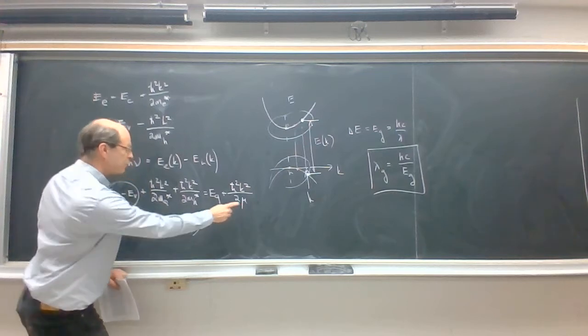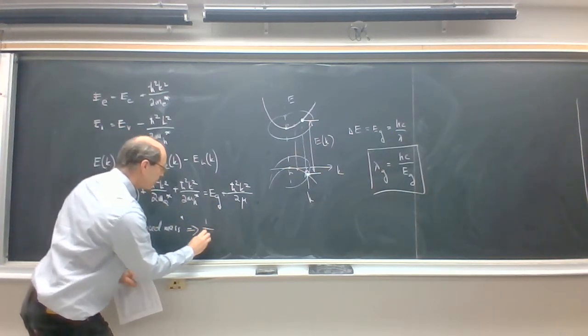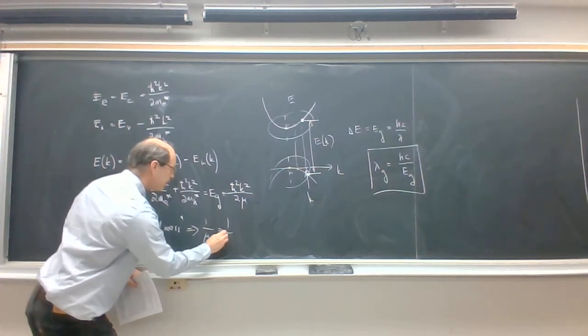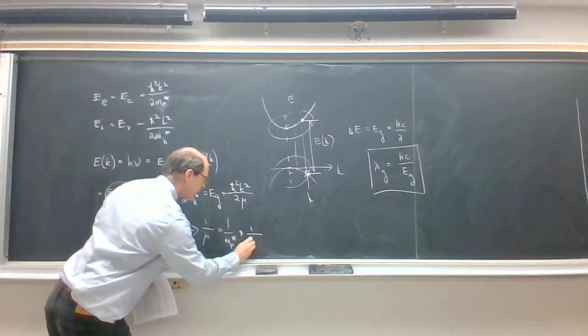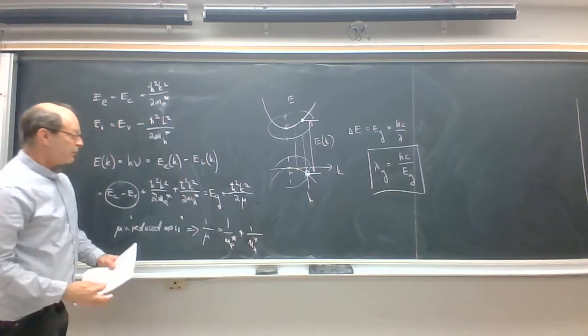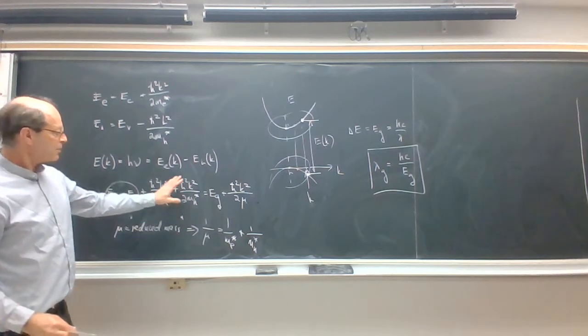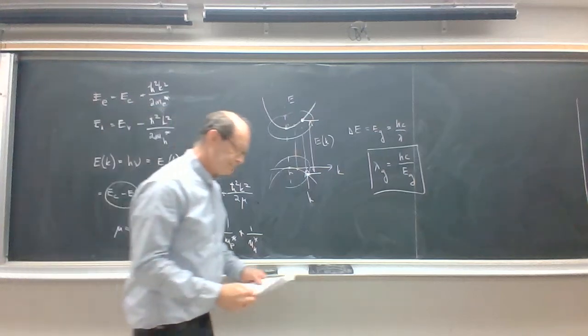And the relationship between mu, m e, and m h is 1 over mu equals 1 over m e star plus 1 over m h star. So if you make this substitution, this will become an algebraically correct statement.